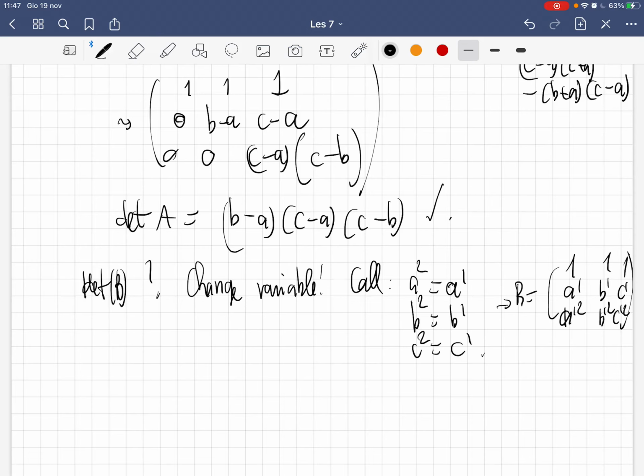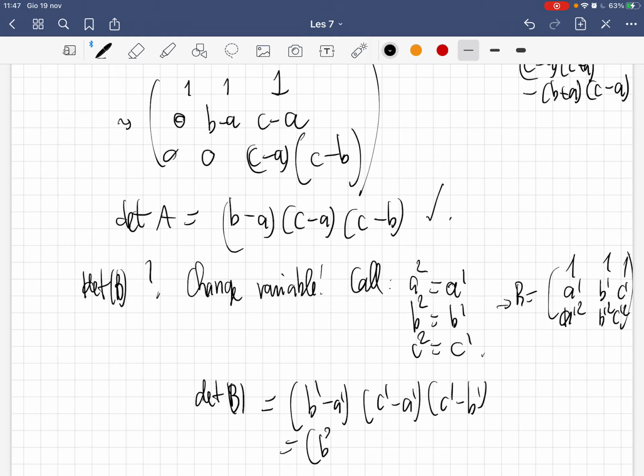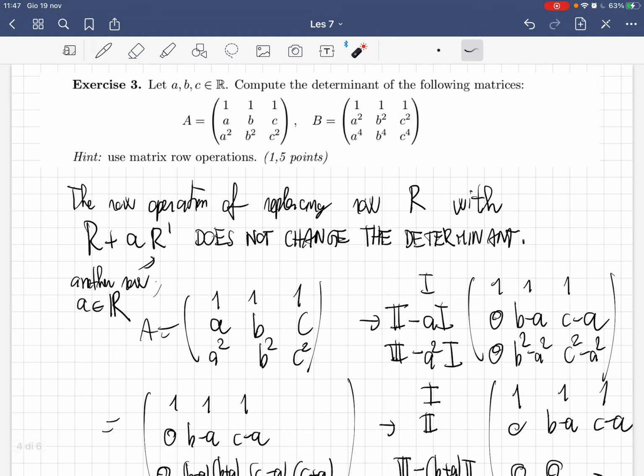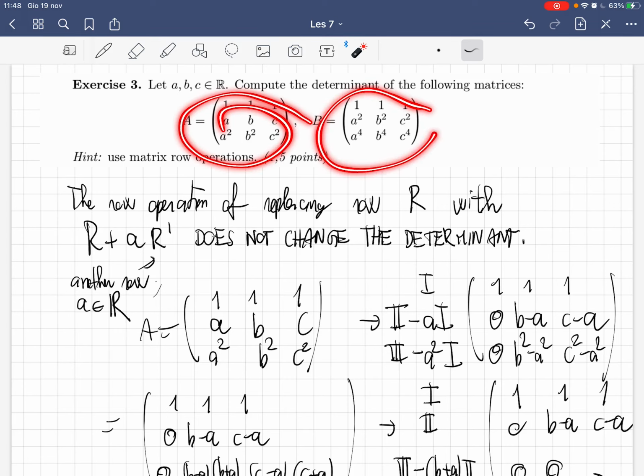So we already know this. In the end, you get the determinant of B is equal to, you can just replace, it's the B prime, C prime. So it was not really anything; when you observe this, you don't have to do anything else. When you know this, you also know this.